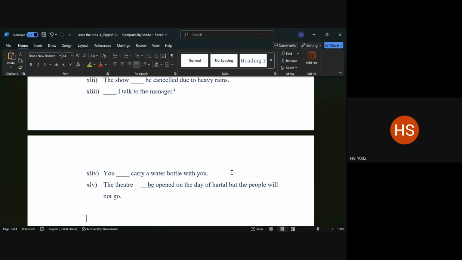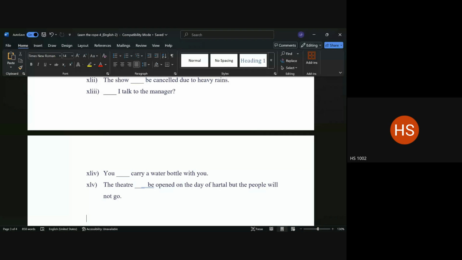Then, the theater dash be opened on the day of Hartal, but the people will not go. Will. May. Might. Yes. The theater may, might, will. Right. This is, I think, particularly with respect to the use of may. It has another function wherein it shows a high possibility, but is also indicative of a reverse consequence.